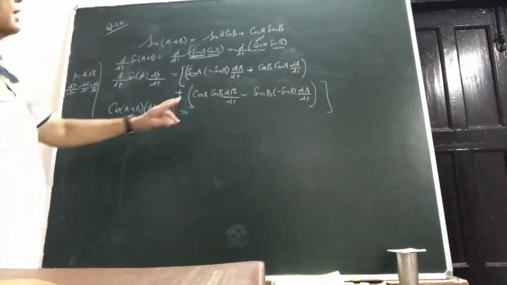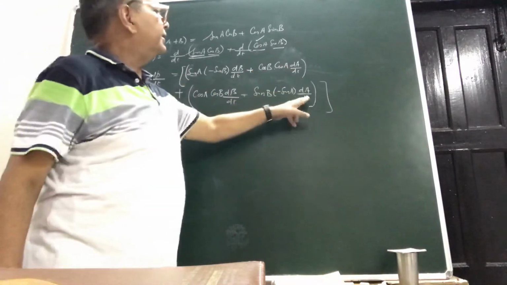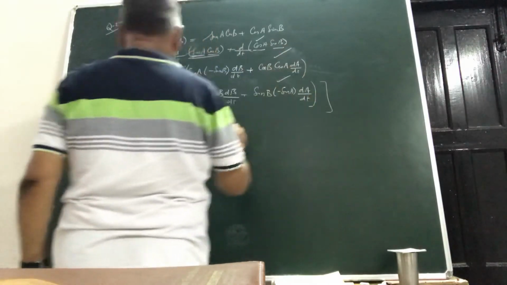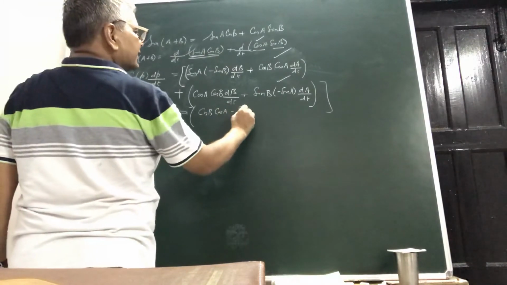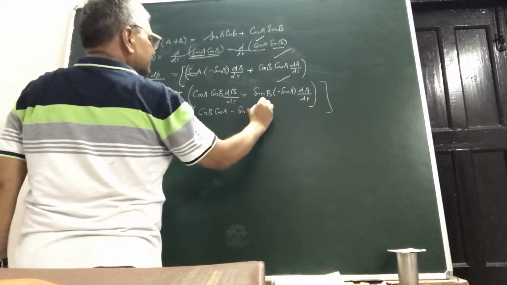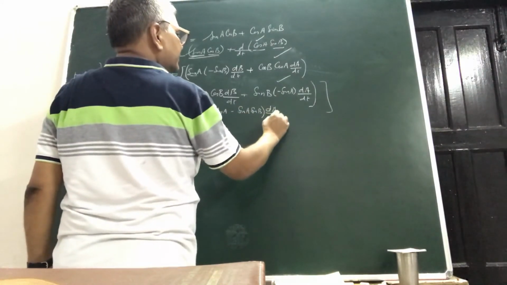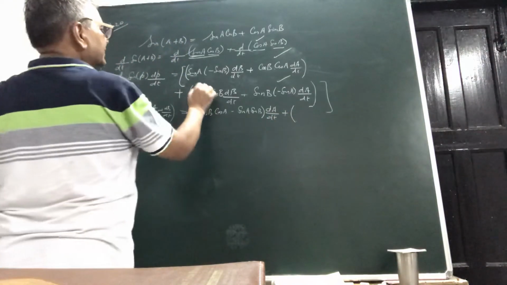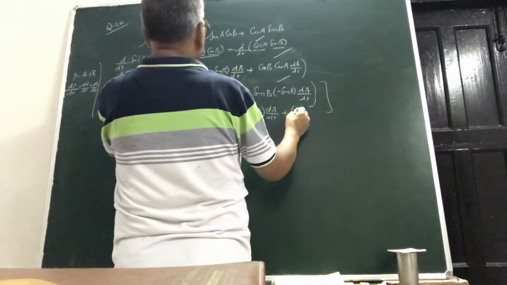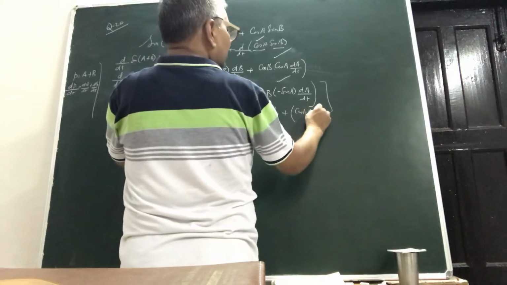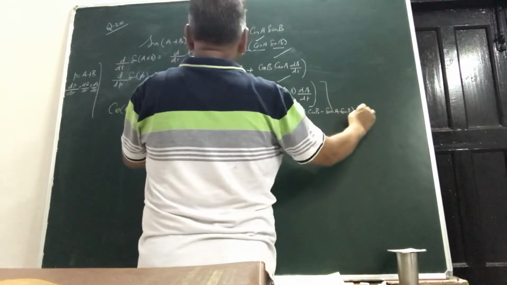Here the terms containing dA by dt you assemble in one place, and those containing dB by dt in another. So the terms containing dA by dt are cos B cos A minus sin A sin B into dA by dt. Plus, similarly, for the terms containing dB by dt, let me take dB by dt common. Again we see cos A cos B minus sin A sin B, into dB by dt.